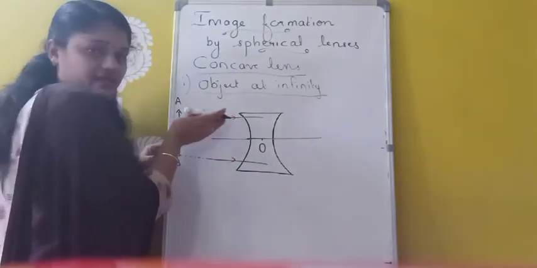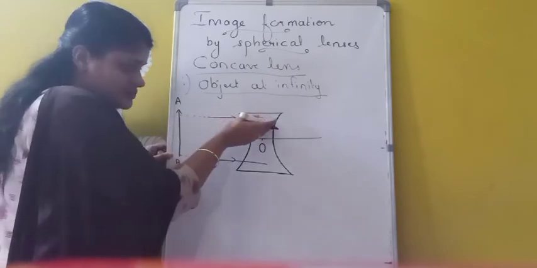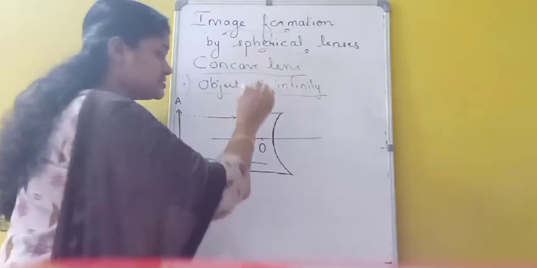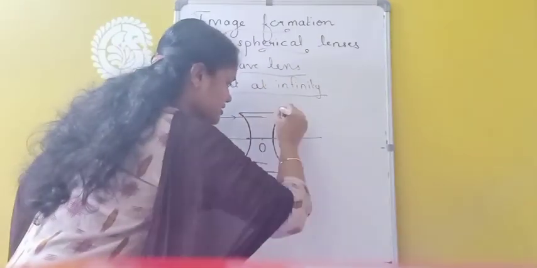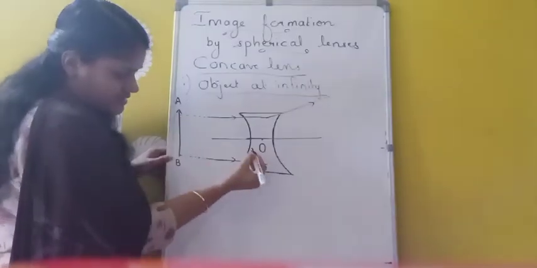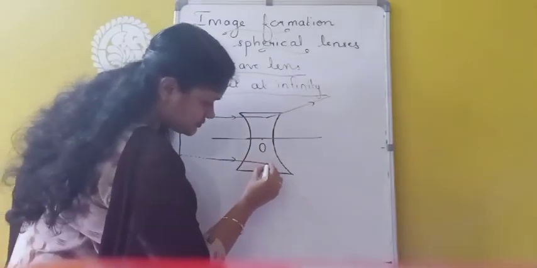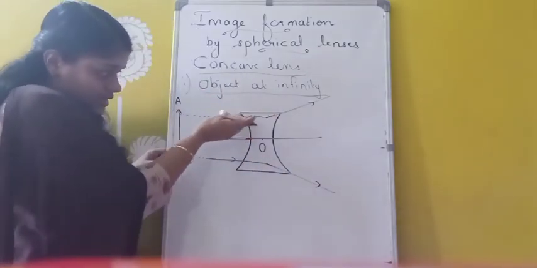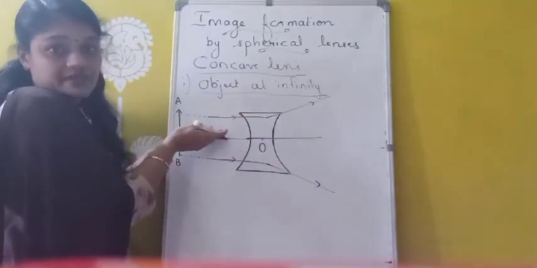And whenever light rays are coming parallel to the principal axis, in the case of concave lens, it may undergo which one? Diverging. So this light ray will be diverging. So we can see that this light ray will diverge like this. Clear? Similarly, this light ray also will diverge. But these light rays appear to diverge from a point on the principal axis.